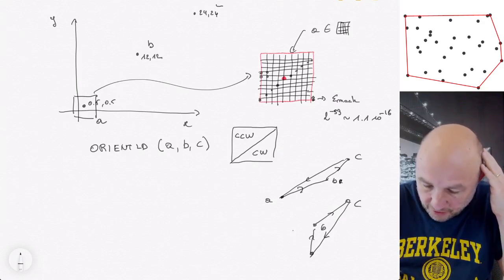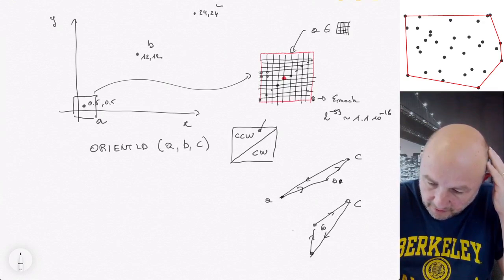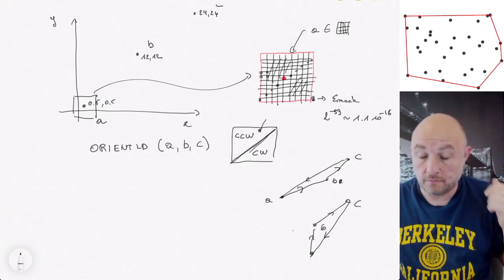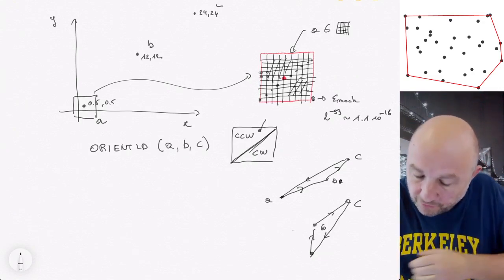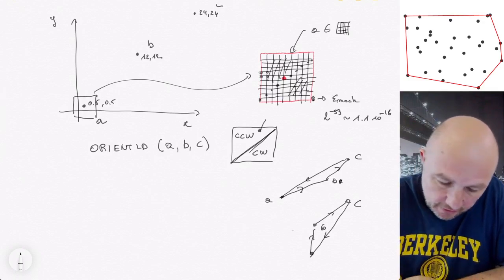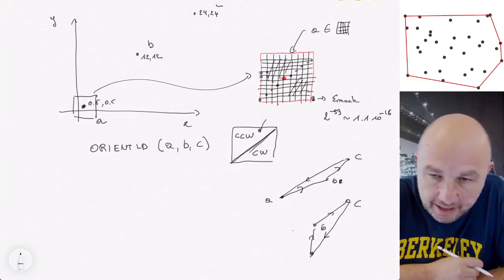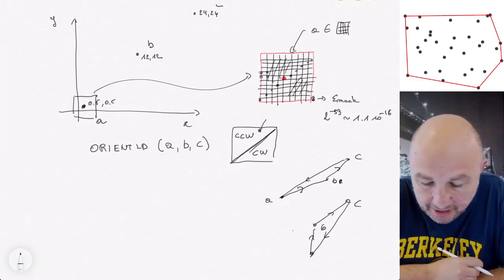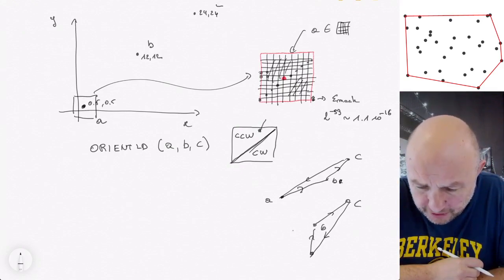So I should have an answer here which is counterclockwise, and here it would be clockwise, and it should be 0 on the diagonal. But don't forget that the grid around point A, 0.5, 0.5, is super, super, super tiny.